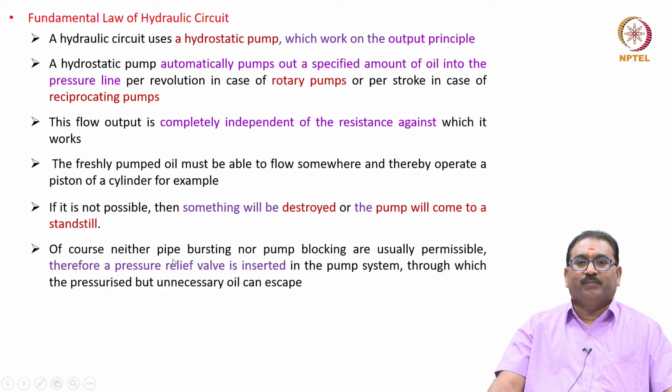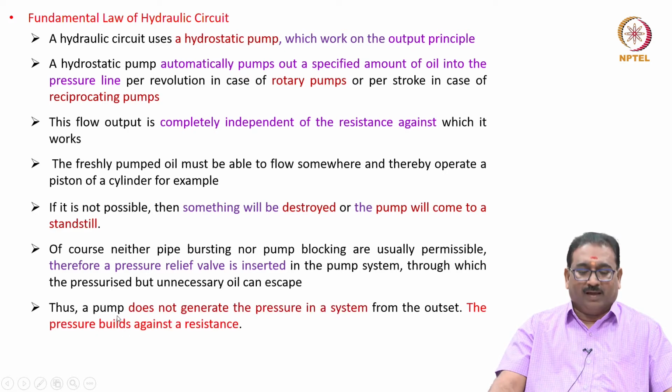Of course, neither a pipe bursting nor pump blocking are usually permissible. Therefore, a pressure relief valve is inserted into the pump system through which the pressurized but unnecessary oil can escape to the tank.